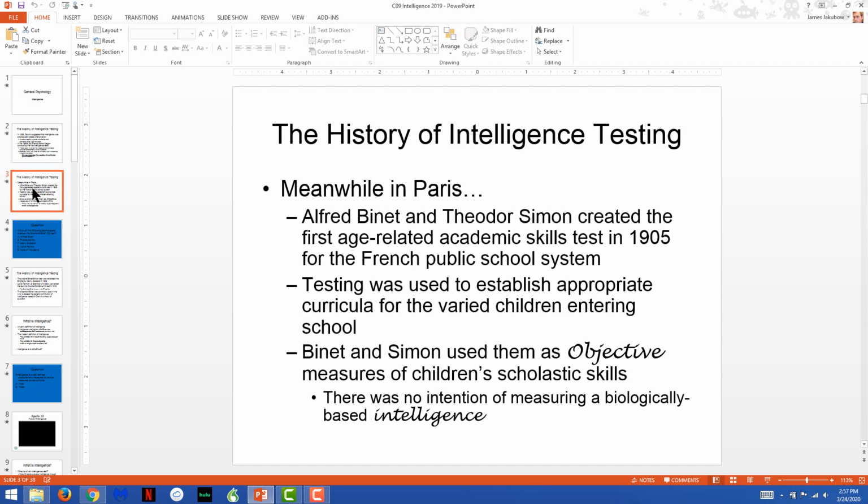Now, there's a separate set of events that occur in the early history of intelligence testing. Apart from the work that Darwin does in Great Britain and his cousin who's doing most of his work in London, and that is around 1905, the government in France decides to set up a public school system in Paris.